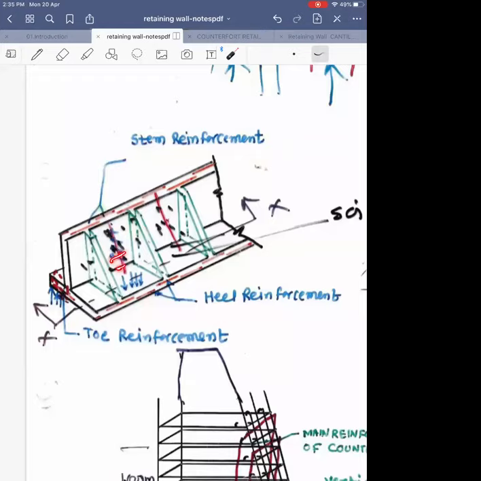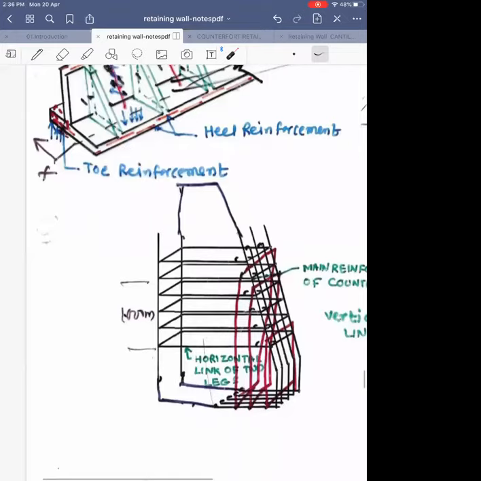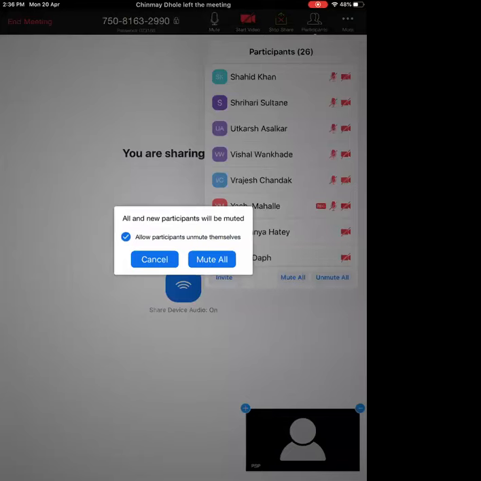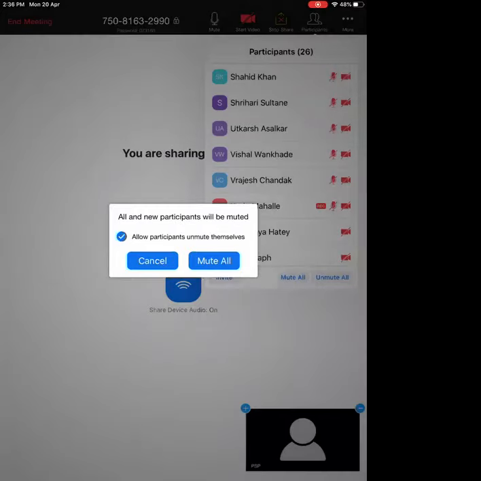Now there can be various types of reinforcement detailing, and let's see one of the simplest possible detailing.